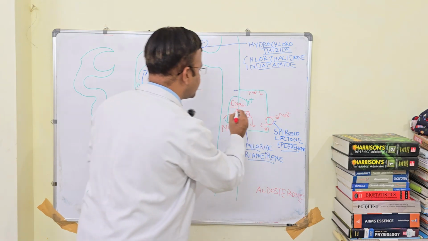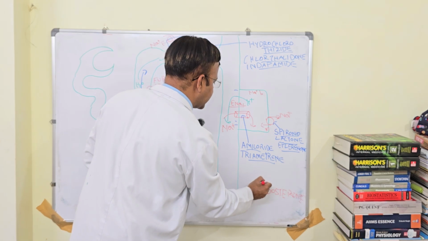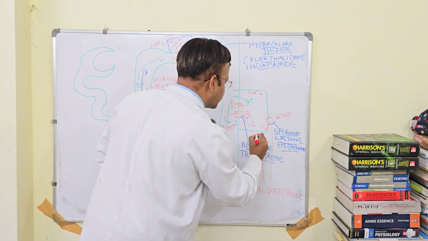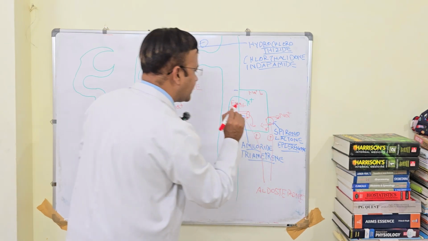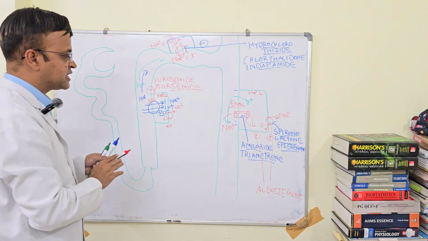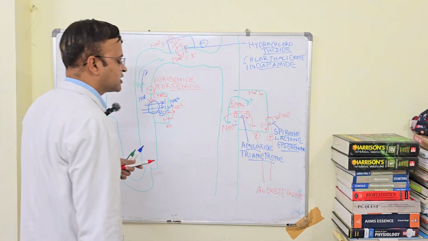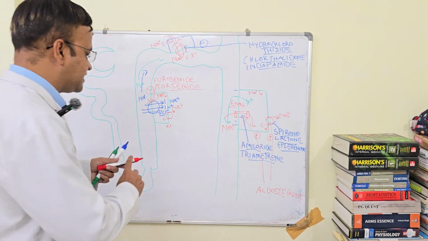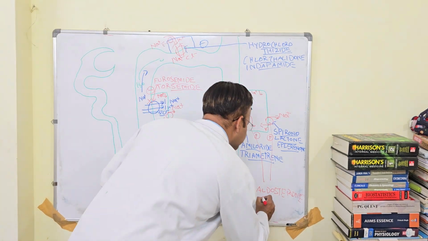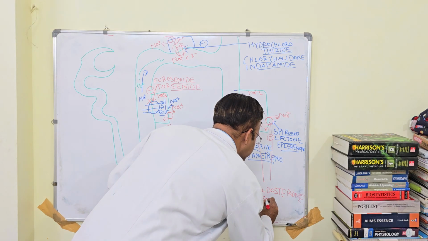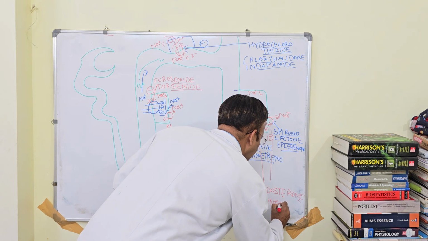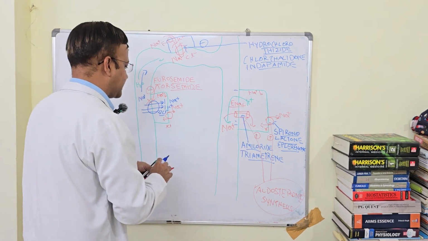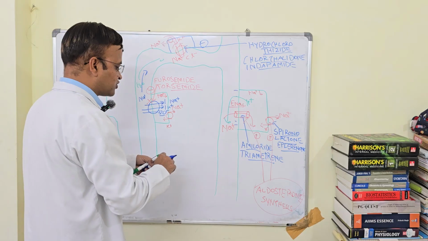It stimulates your ENaC channels and your sodium potassium ATPase pump. So if we give a drug which can inhibit the synthesis of aldosterone itself, that drug is baxdrostat. If something can inhibit the synthesis of aldosterone itself, it will be a wonderful diuretic, and that drug is baxdrostat.